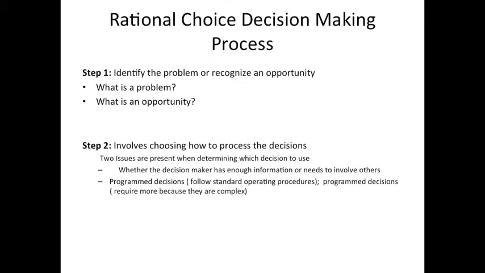So, what is a problem? Well, of course, we understand that a problem occurs when there is a difference between what we currently have and what we desire. And an opportunity is that deviation between the current expectation and a potential for a better situation.